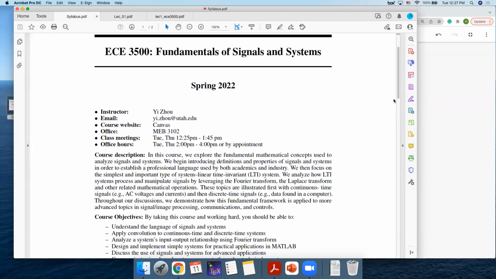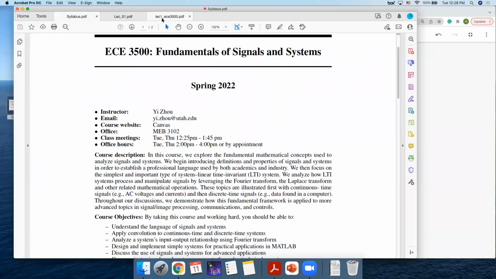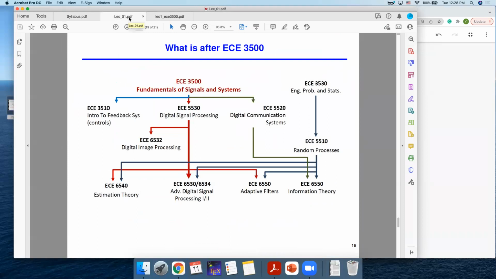This is a very fundamental and very important course for the electrical engineering degree. As you can see from this chart, we are right here, 3500, called Fundamentals of Signal Systems.